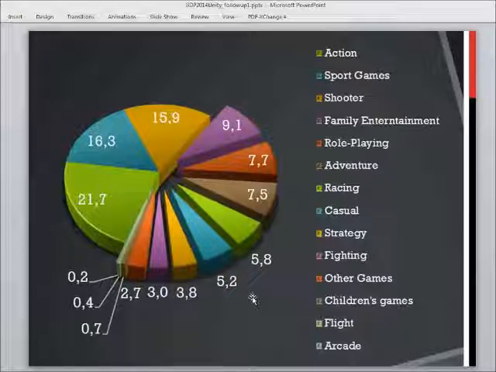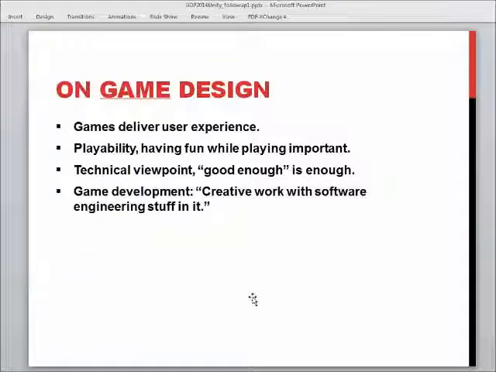So there is money in all different genres. It's just that you have to find the one thing that the customers are interested in. So, finally, some summary on game design. Games deliver user experience.